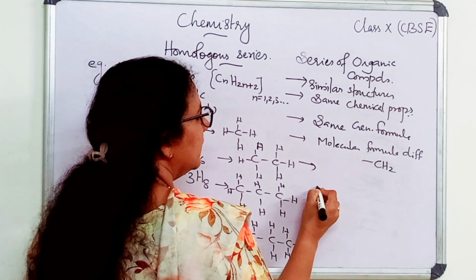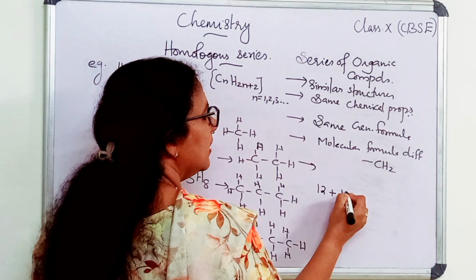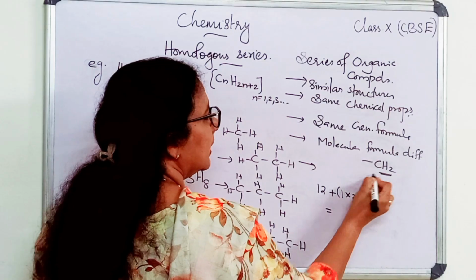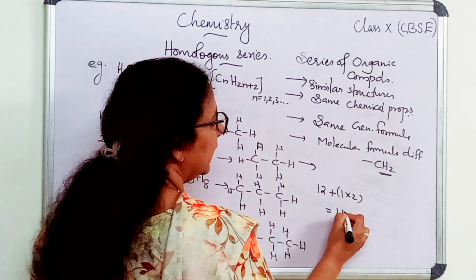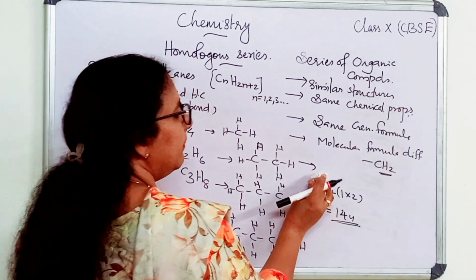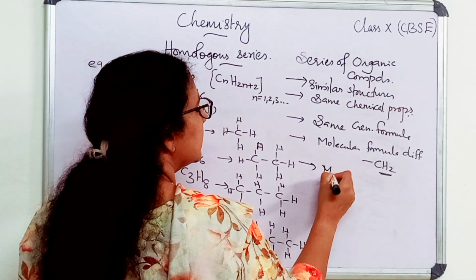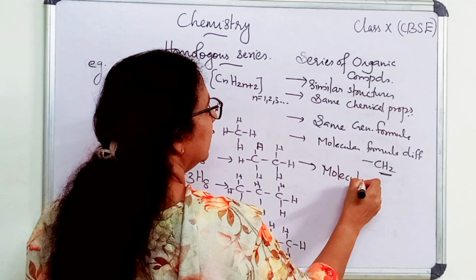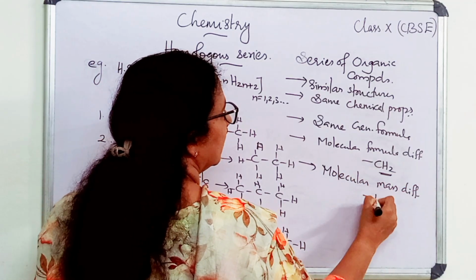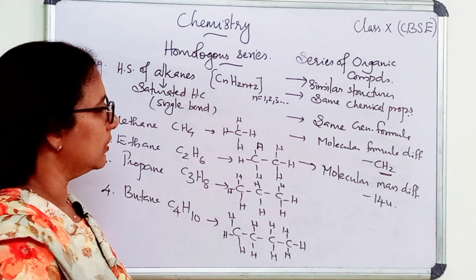Carbon has atomic mass 12 and hydrogen has atomic mass 1. So 1 into 2, and we get the molecular mass corresponding to CH2 as 14 u. So the molecular mass difference between successive members is 14 u. That is another characteristic feature of a homologous series.